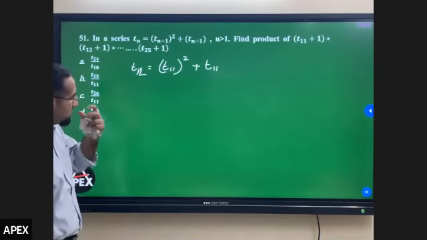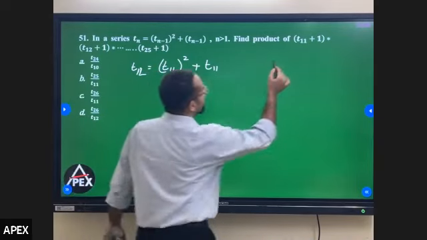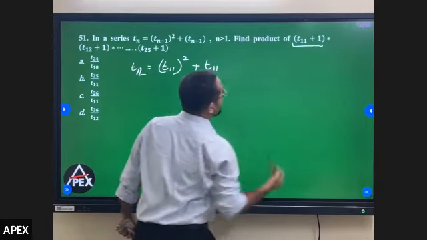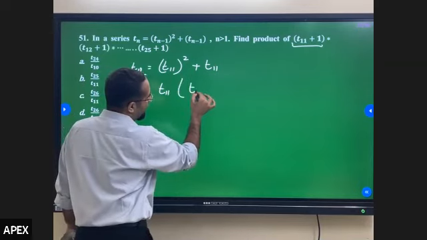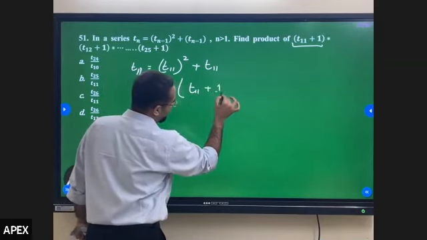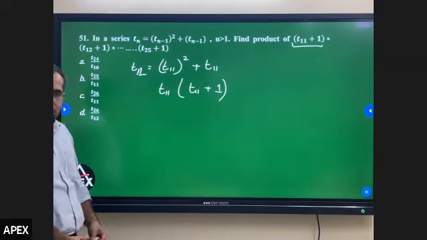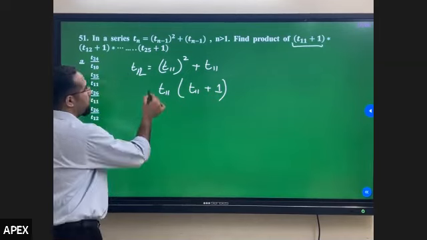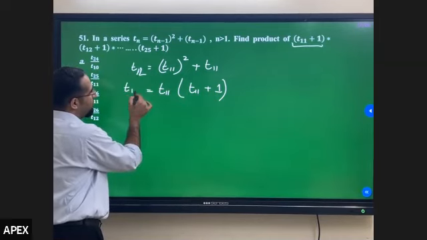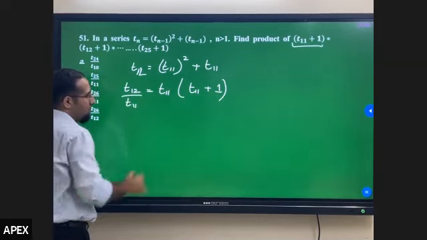Why am I doing this? Because I also have a target to come to something on these terms here. If you take T of 11 common here, you will get T of 11 plus 1. This is what we are seeking to calculate. And therefore T of 11 plus 1 is going to be T of 12 divided by T of 11.